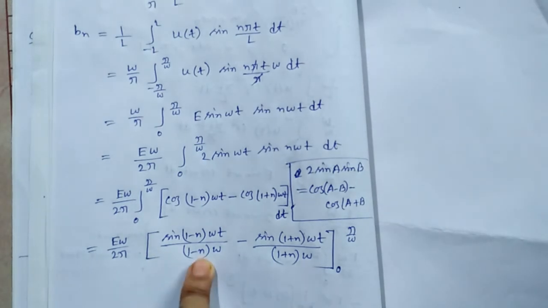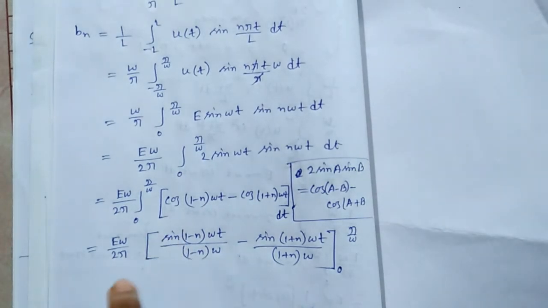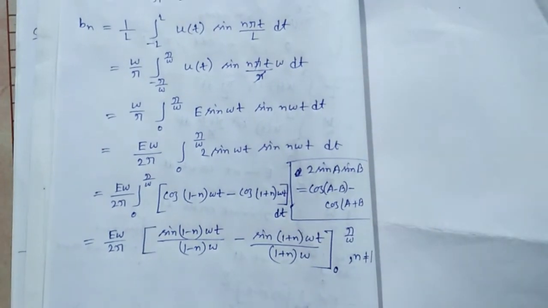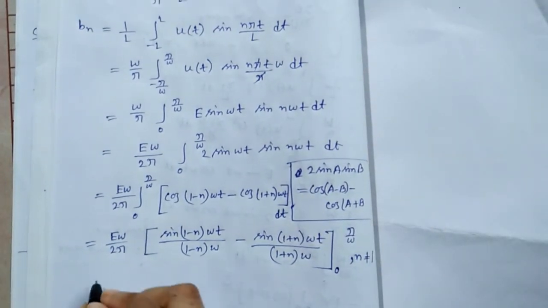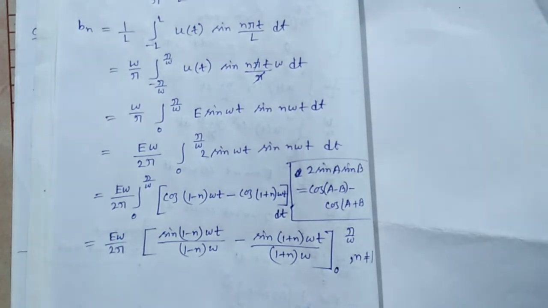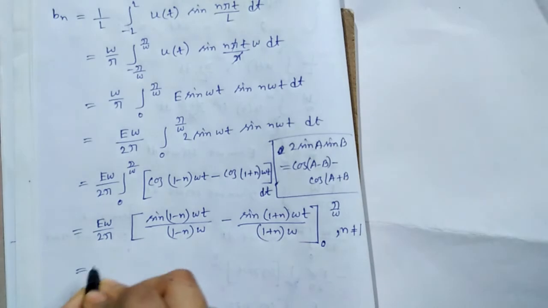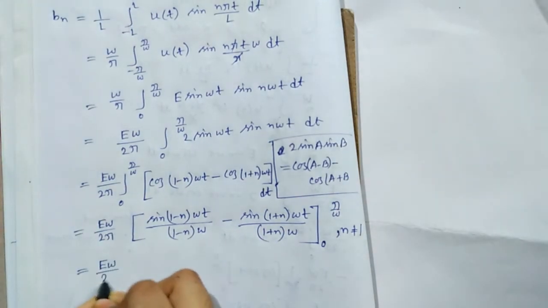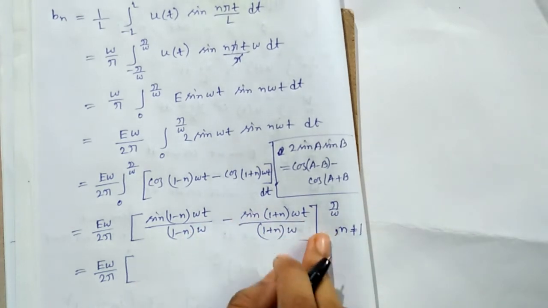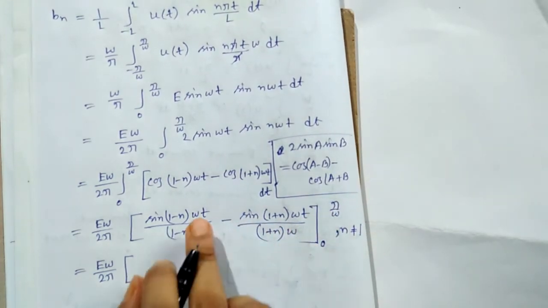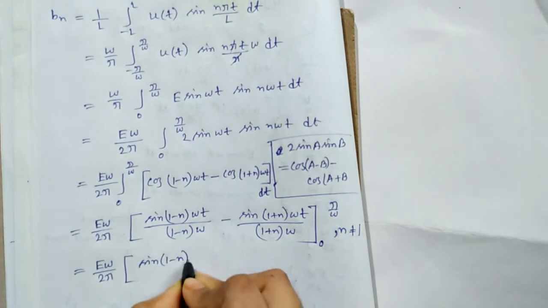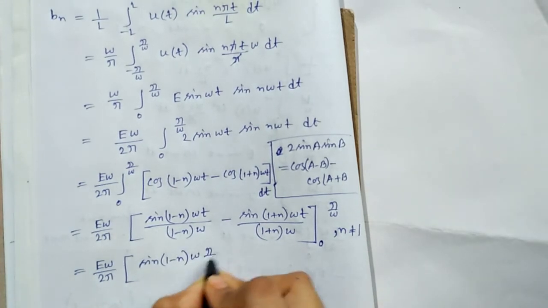So when we put n equal to 1, this term will be undefined, so we have to write n not equal to 1 in this line, and we have to calculate b1 separately. Next, e omega by 2 pi. Now put the value of pi by omega in the position of t. So we get sin((1 minus n) omega pi by omega).